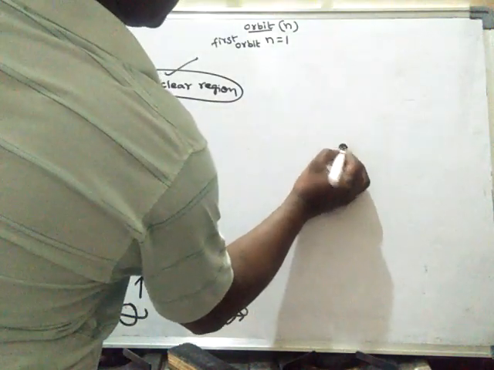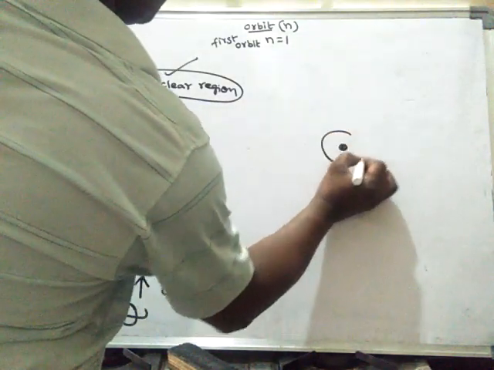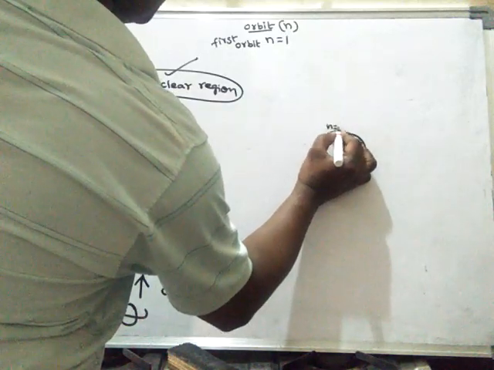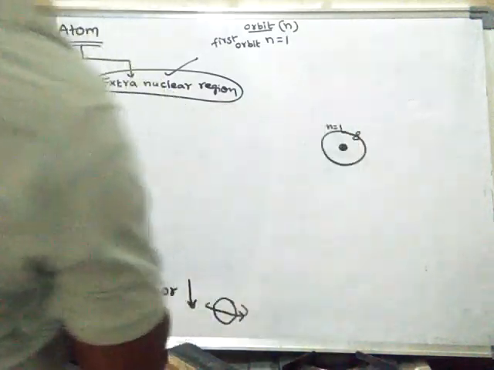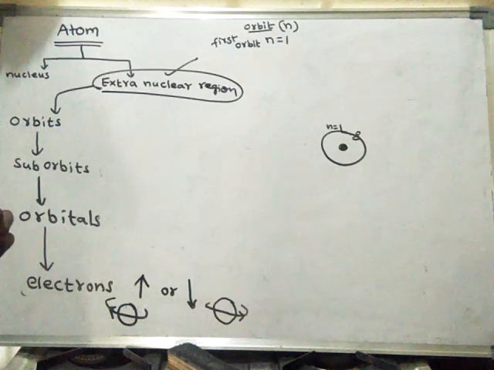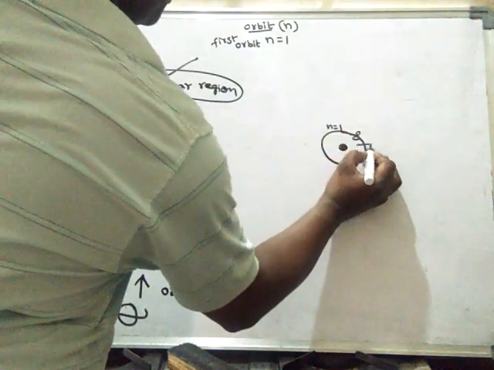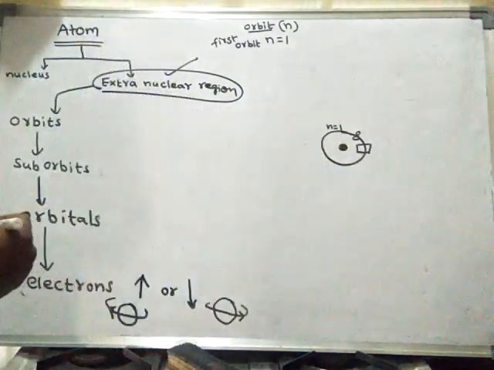Suppose this is the nucleus, this is the first orbit, n is equal to 1. It contains only the s suborbit, and this is an orbital related to the s suborbit.